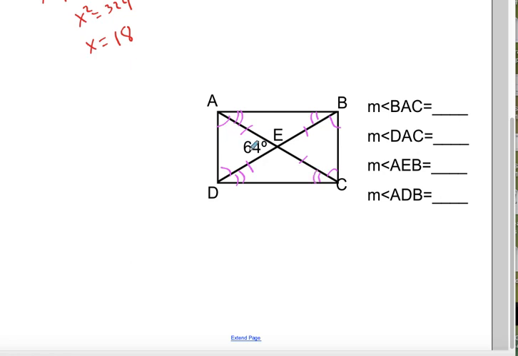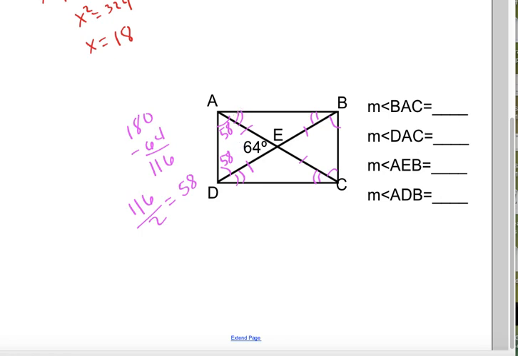And we have this one, 64, that's at this vertex of this isosceles triangle, and so if we take 180 and we subtract 64 from it, we get 116. And then we're going to divide that in half to get each of these angles. So those are each 58.